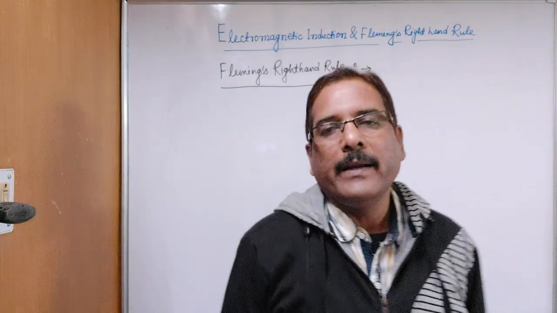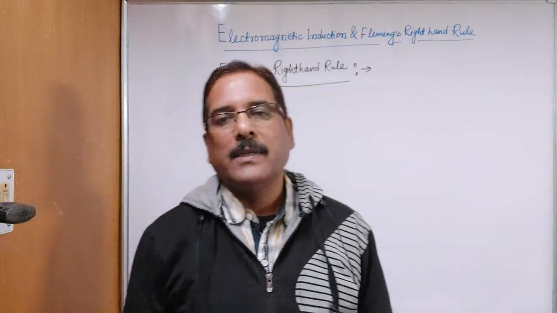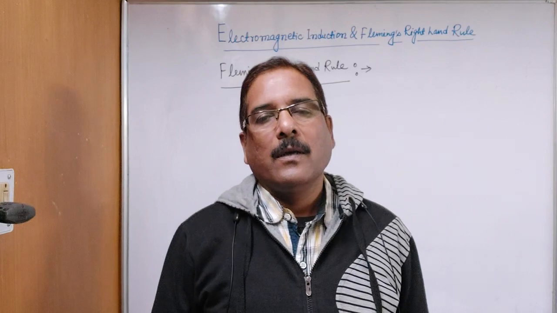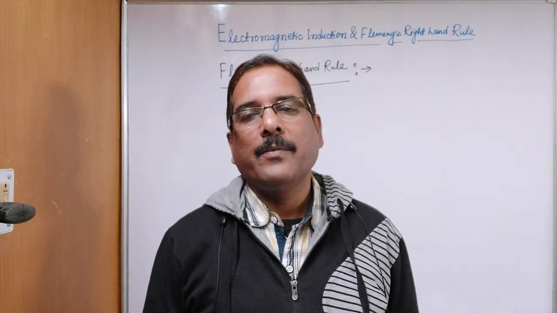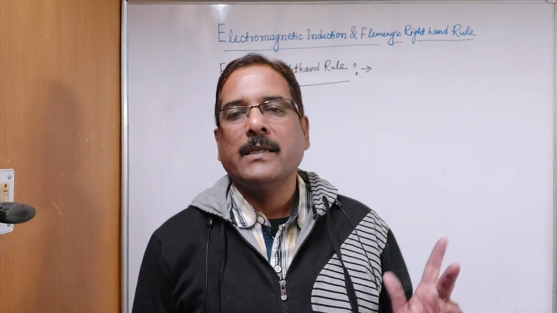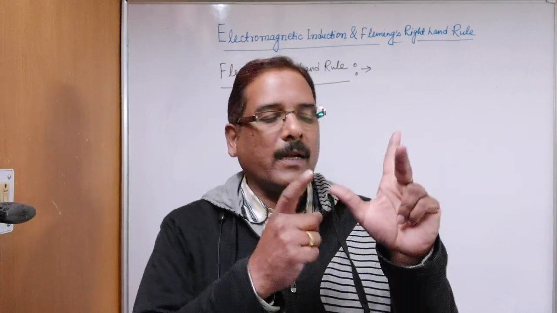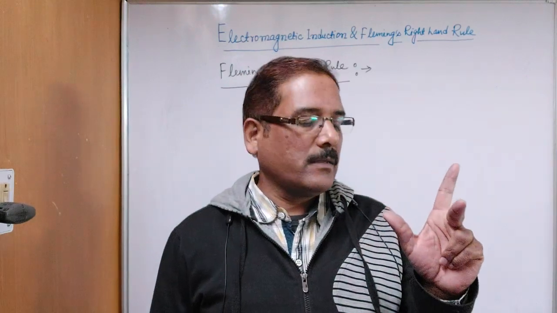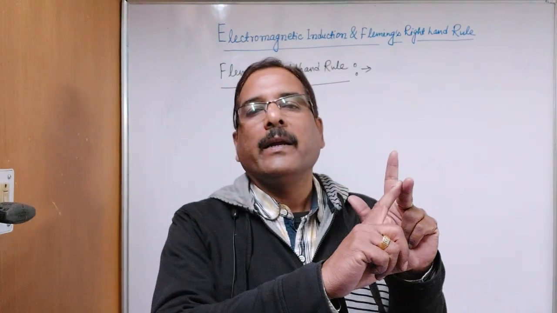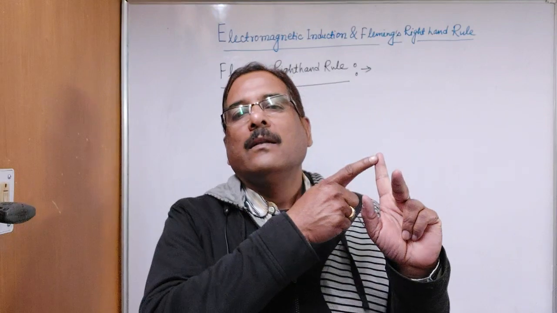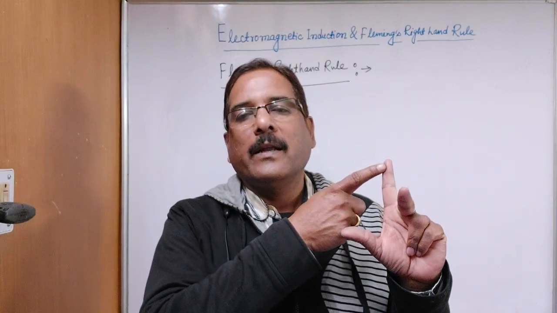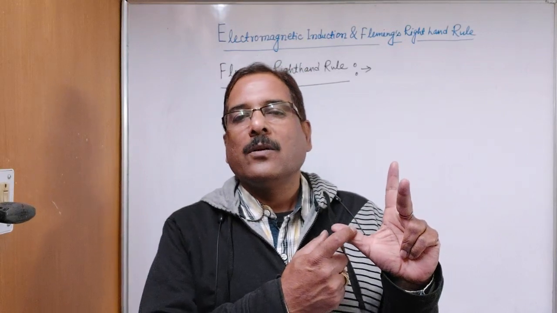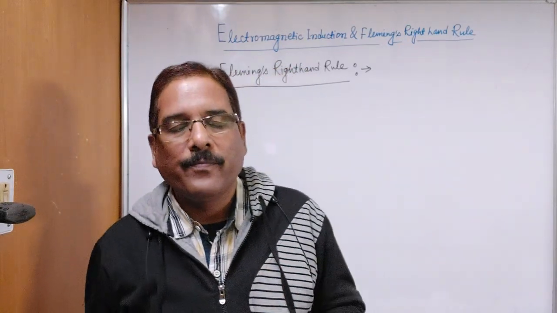So, right hand rule. Earlier we discussed Fleming's left hand rule in the electric motor. In Fleming's left hand rule, we learned that if we stretch our middle finger, forefinger and thumb of the left hand in such a way that the middle finger indicates the direction of current, the forefinger indicates the direction of magnetic field, then the thumb gives the direction of motion or direction of force.